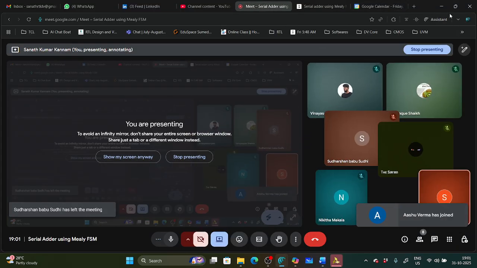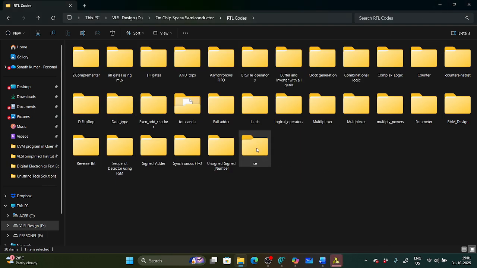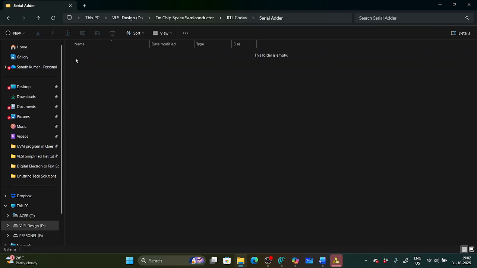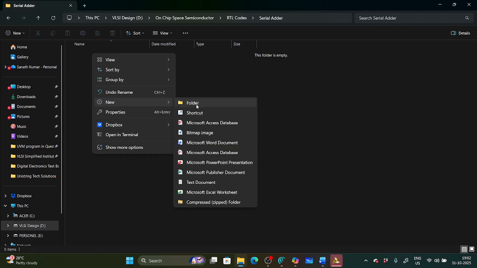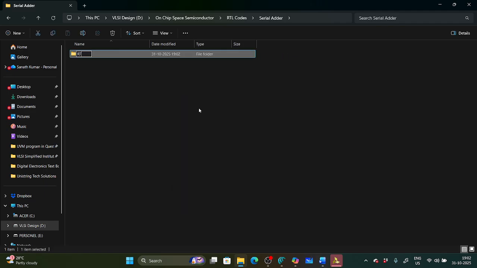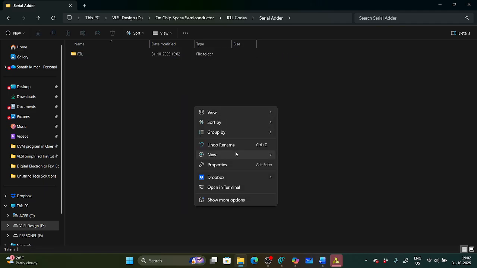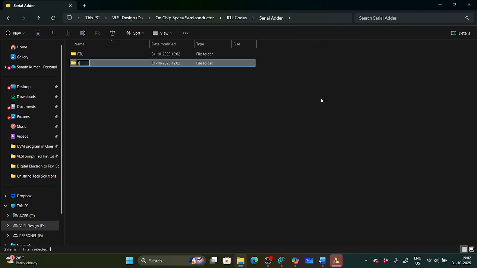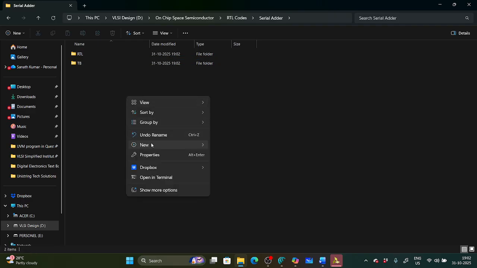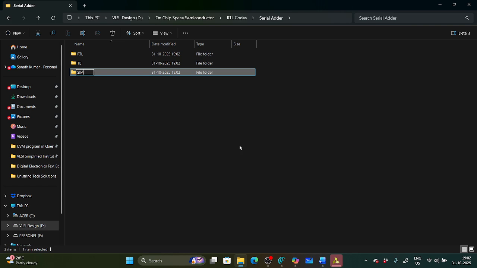In this folder, I will create three folders: one is RTL, next one is TB, and next one is sim, for simulation.